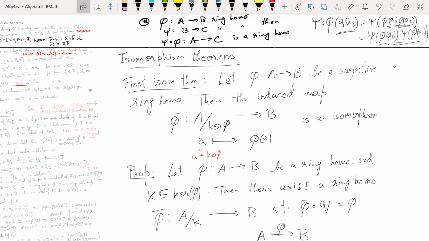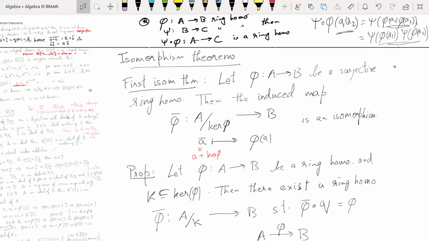We'll see all that. So if phi is a surjective ring homomorphism, then A mod kernel phi is isomorphic to B. That is what the first isomorphism theorem says, in a natural way, and natural means that a bar goes to phi of a. This is the map.